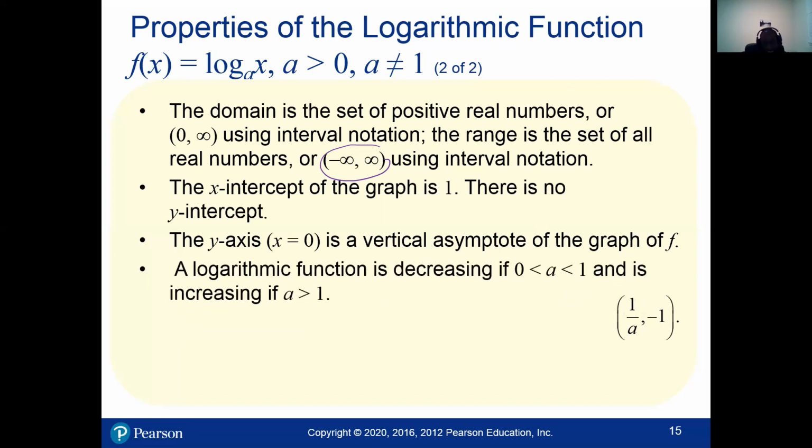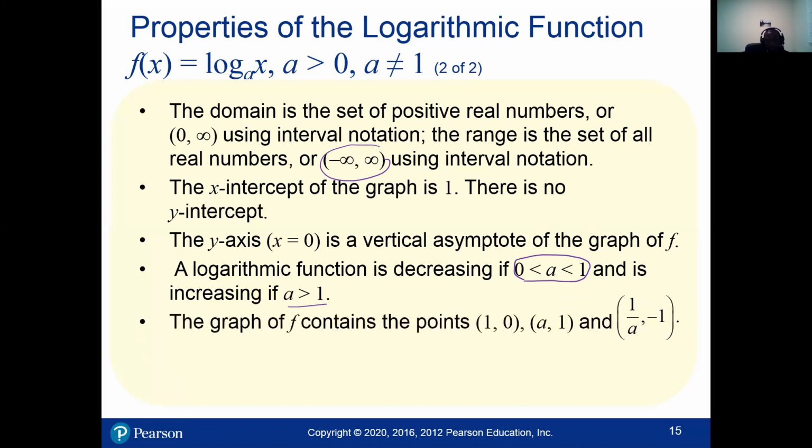The log function is decreasing, as we said, when your base is between 0 and 1, and it increases when the base is greater than 1.